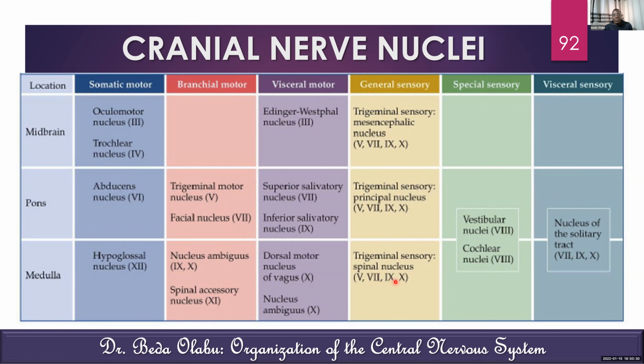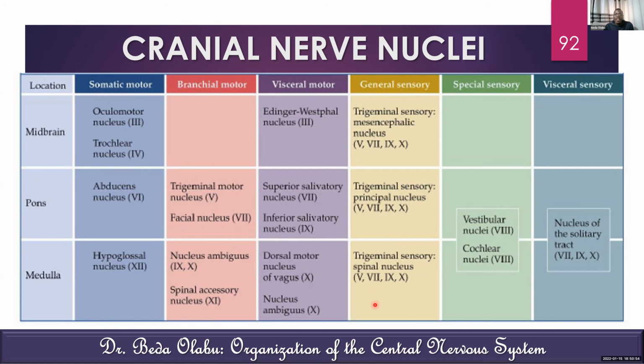So if you are asked to name the nuclei related to a particular cranial nerve, you don't just mention the one that bears its name. If it has general sensory function, you may also have to mention the sensory nucleus of trigeminal, in as much as trigeminal is not that nerve. All right, so that's the story.